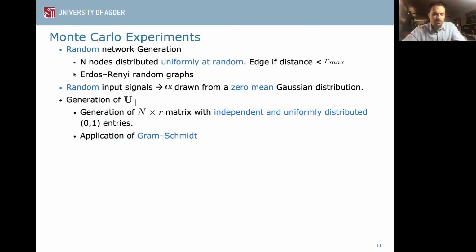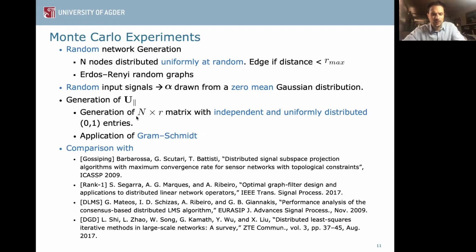The simulations are performed using two random graph models, and the signals as well as the subspace are generated randomly. The proposed algorithms are compared with four competing alternatives in the literature.